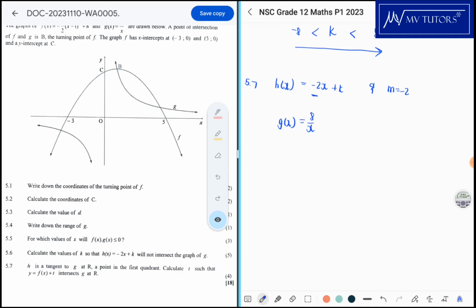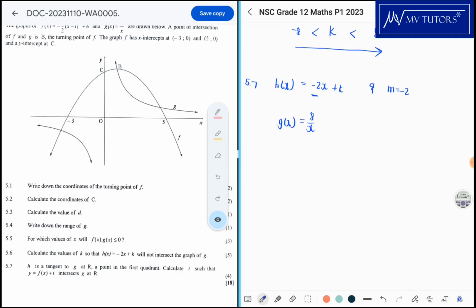Okay, so what I want to do, what my plan of action is, I want to get the first derivative of g, all right? And that first derivative is the gradient. And we know the gradient at that point is negative 2. And by so doing, I'm looking for the x-coordinate of R. Once I get the x-coordinate of R, I can also get the y-coordinate of R. Then I know what my point R is.